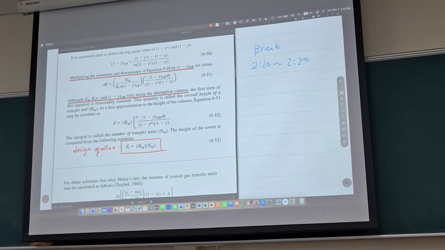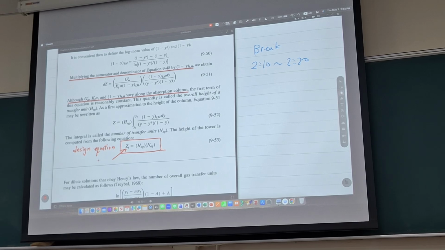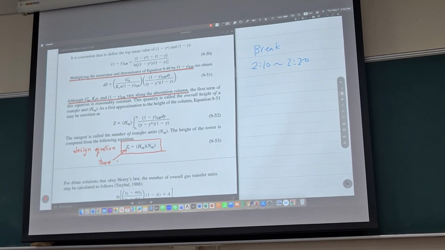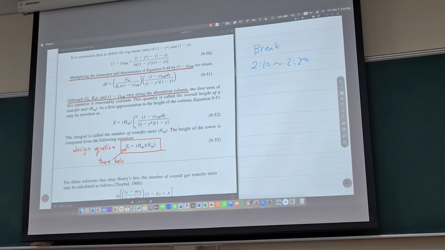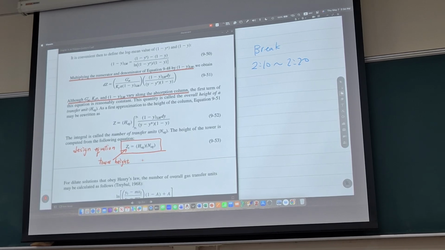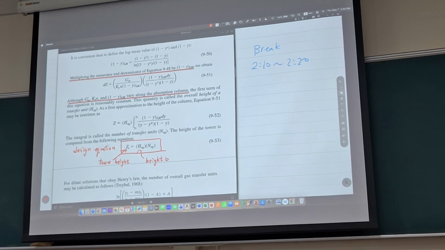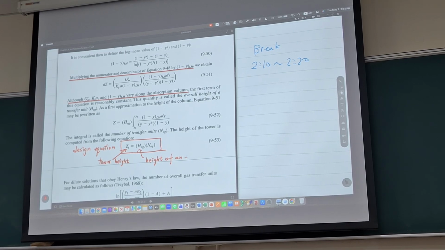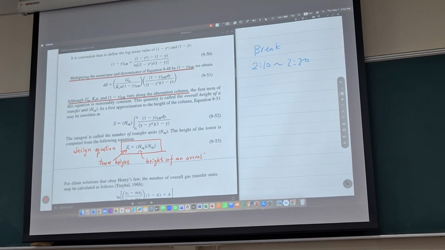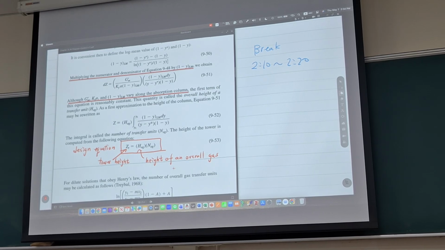So the ZT is the tower height. The ZT is tower height. And HOG, this is the height of an overall gas transfer unit.